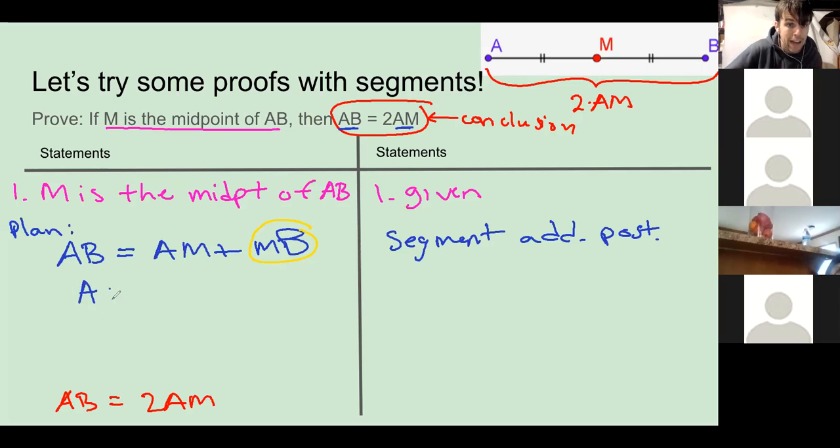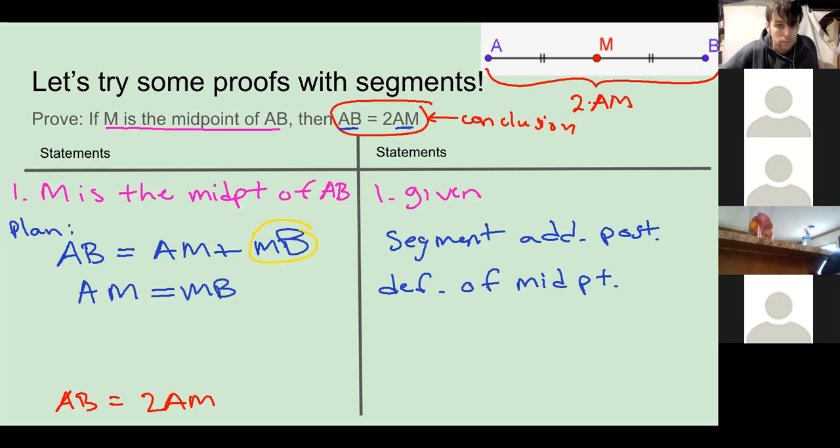So based on that, I know that AM and MB are equal to one another. That's because of the definition of midpoint. Again, when you have a midpoint, the 2 halves are equal to each other.